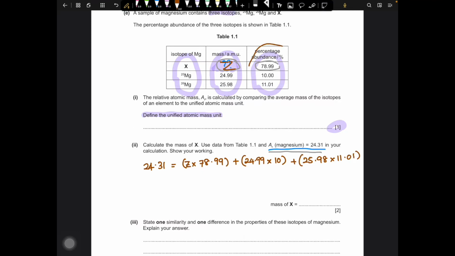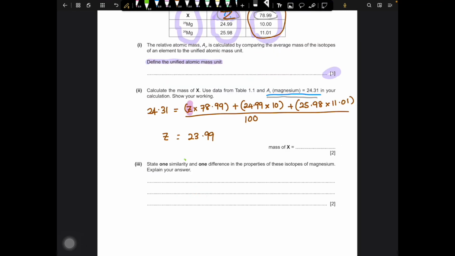Since the abundance is in percentage, we need to divide by 100. You just need to solve for Z, so key it into your calculator, and we will have Z as 23.99.